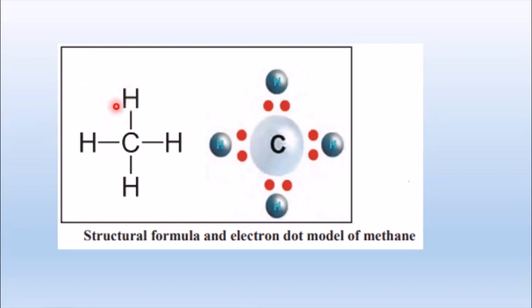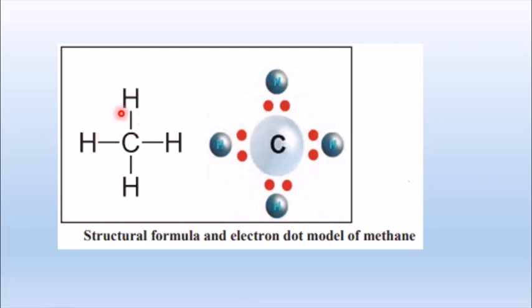So here, with one carbon, its electronic configuration is 2,4. Now 4 electrons, that is 1, 2, 3 and 4 electrons of hydrogen, come and get combined with the carbon atom. Now what will its electronic configuration be? It will be 2,8. Why 2,8?